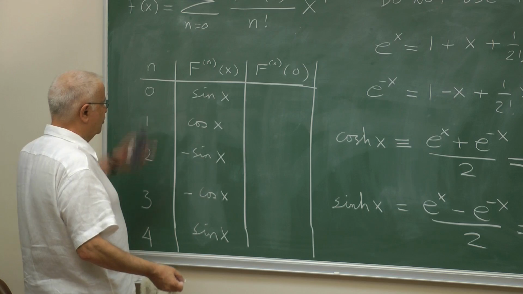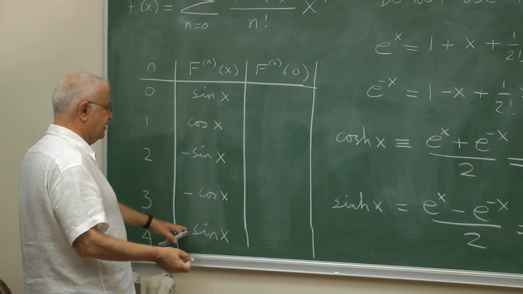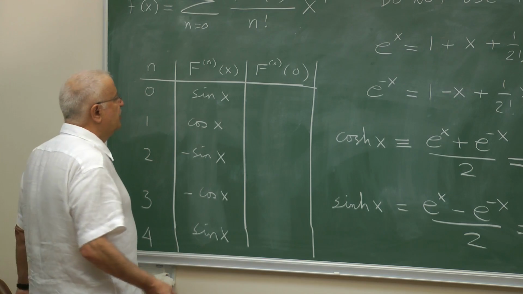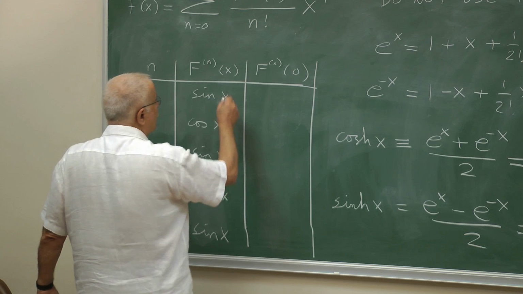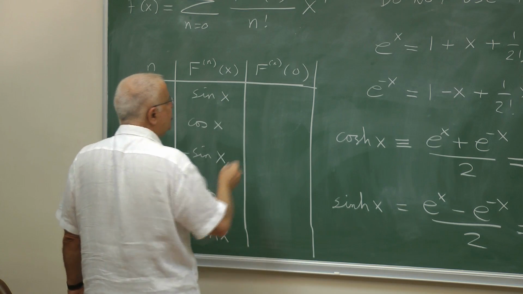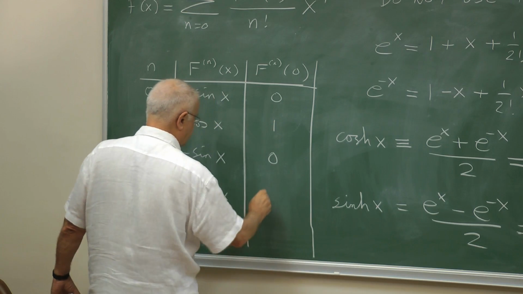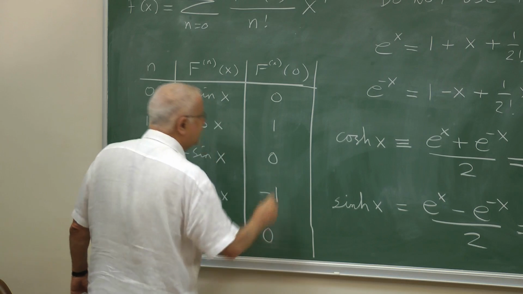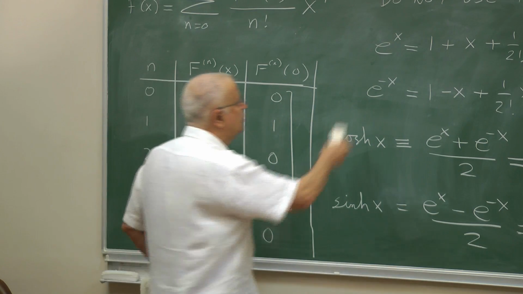How nice, because we start with sine x, and at the fourth step we also have sine x. So this is a pattern that repeats itself. So what about the thing at 0? 0. This is 1. This is also 0. This is minus 1. Again 0.